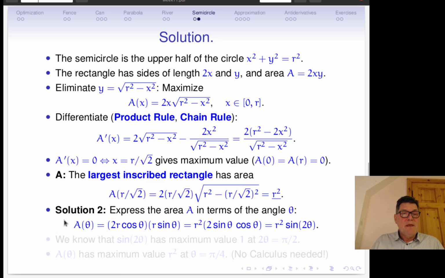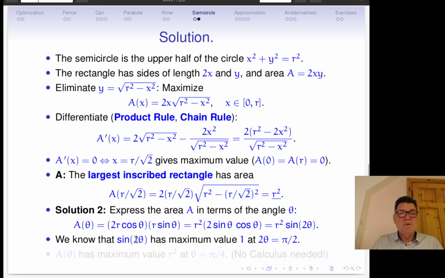So the area of the inscribed rectangle in terms of the angle theta is r squared times sine 2 theta. And we all know that the maximum value of the sine is 1. So if this sine takes value 1, then the area is r squared. Simple as. Now, more concretely, we know that the sine takes its maximum value at pi over 2.